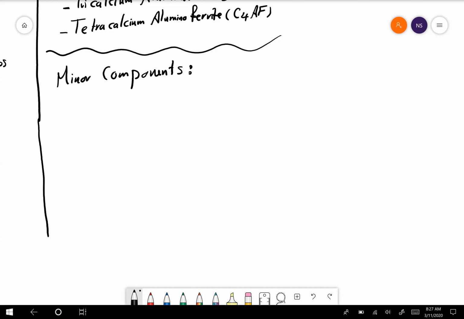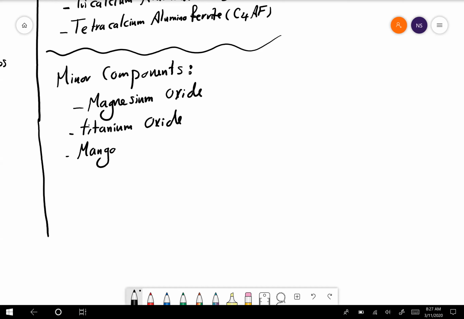These include magnesium oxide, titanium oxide, manganese oxide, sodium oxide, and then potassium oxide.